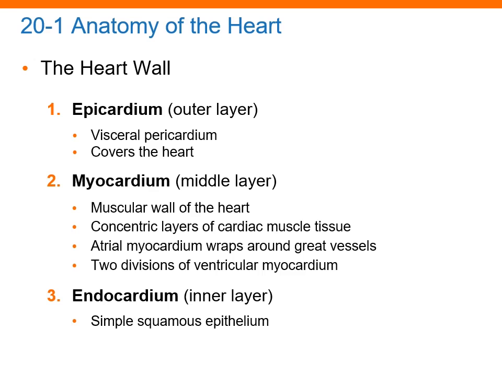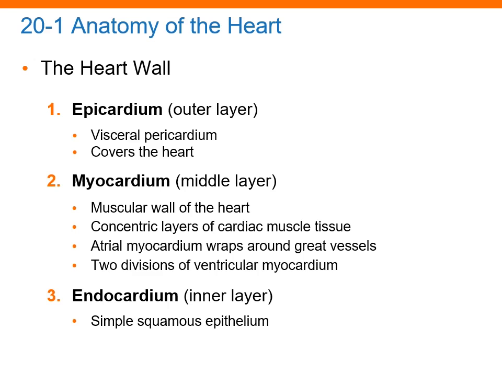The atrial myocardium wraps around the great vessels. And there are two divisions of the ventricular myocardium. Okay, so we have the left and right ventricle there. The endocardium is the inner layer, and that is simple squamous epithelium.